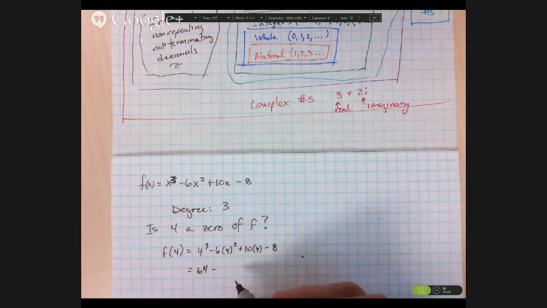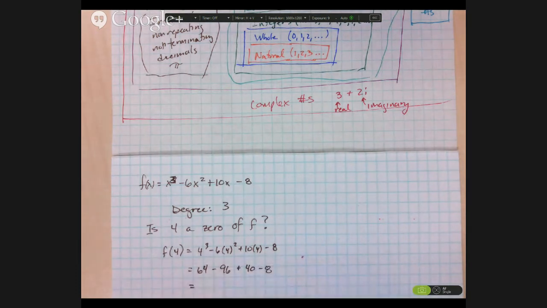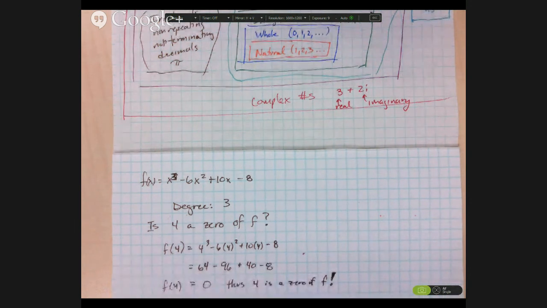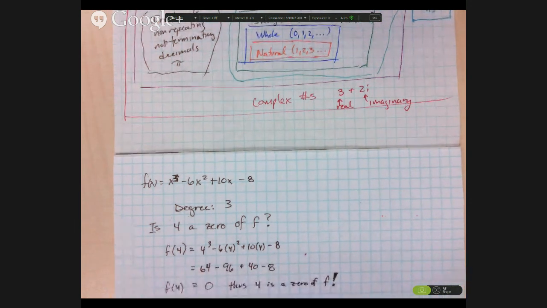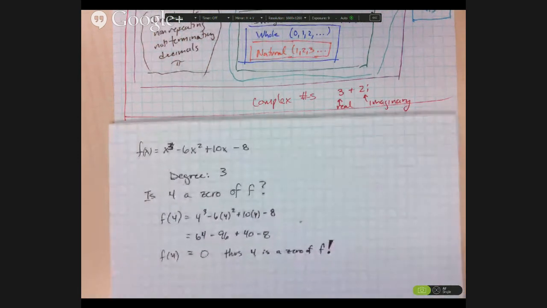16 times 6. 96. Negative 32 plus 4 of course. 8 minus 0. Right? Thus, plus 4.